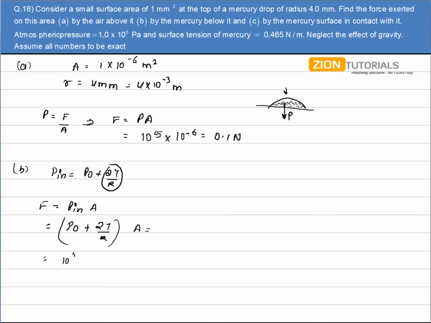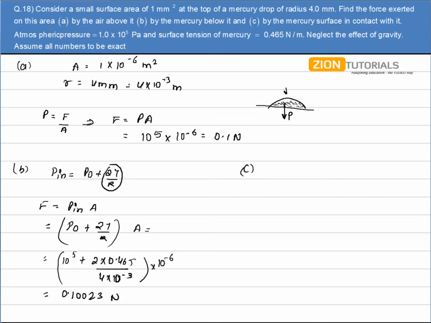P0 is 10 to the power 5 plus 2 times the surface tension, that is given as 0.465, divided by 4 into 10 to the power minus 3. Area is 10 to the power minus 6. So it comes out to be 0.10023 Newton.